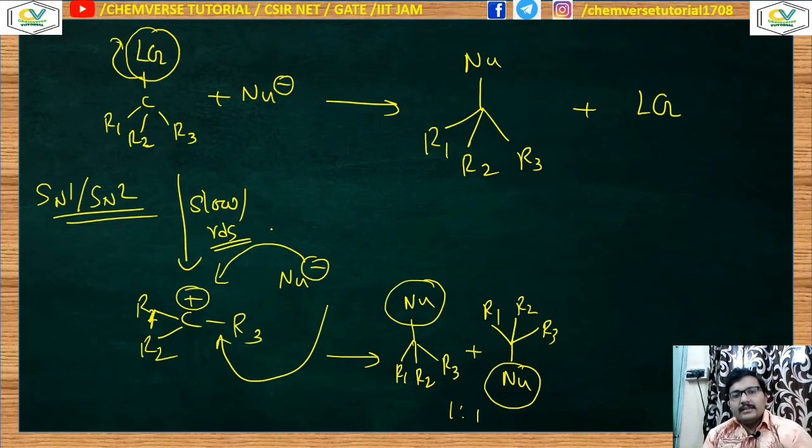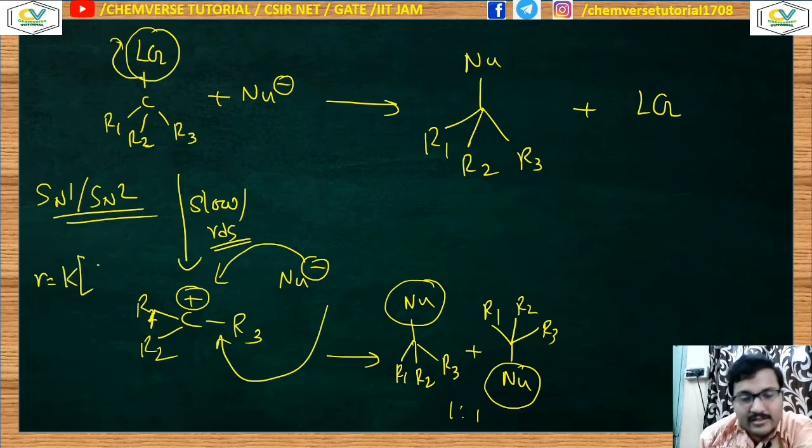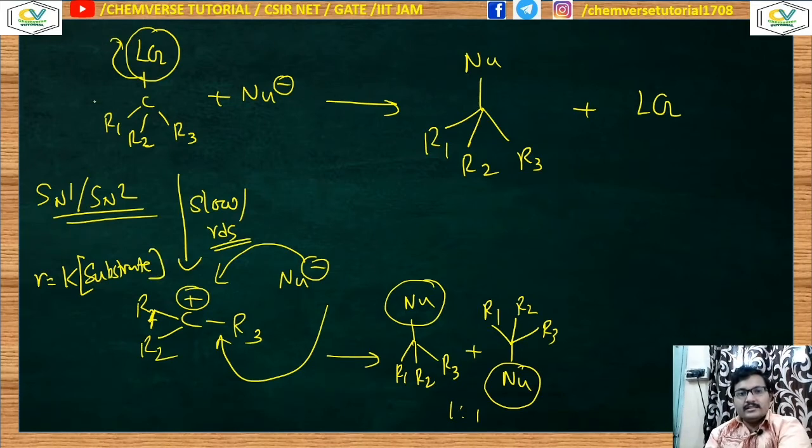Now the rate determining step is nothing but the most important step of any multi-step process, and for this case I can say the rate law will be something like this. It is nothing but k, which is a rate constant, and the concentration of the substrate itself. So in the rate determining step, there is no involvement of nucleophile. The nucleophile attacks in the second step.